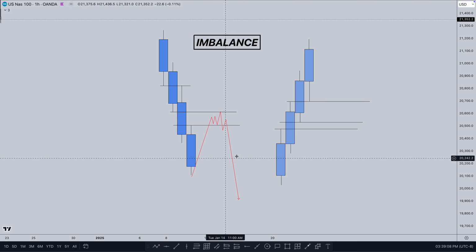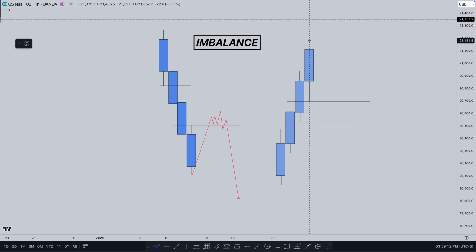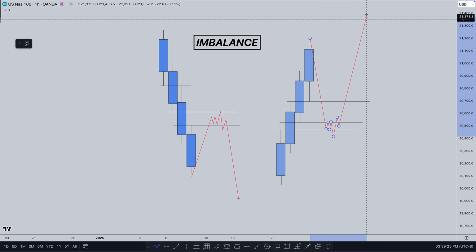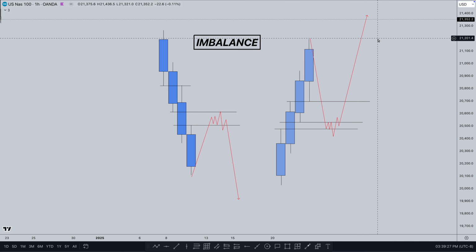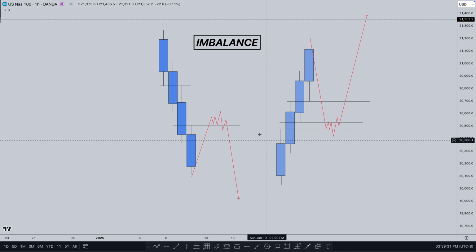All right, that's very common. Same thing for the buys. Don't be surprised if you see price, after making a series of higher highs and higher lows in an uptrend, come all the way back down to this mini gap here and do the little dance. Boom. And then continue higher. This is what happens very, very often.